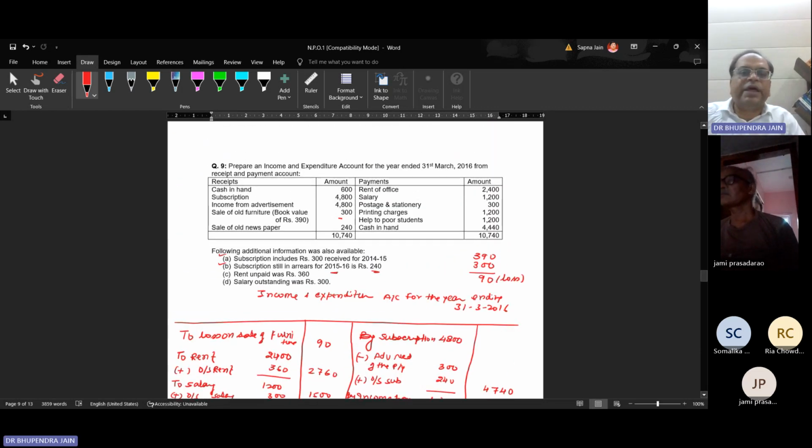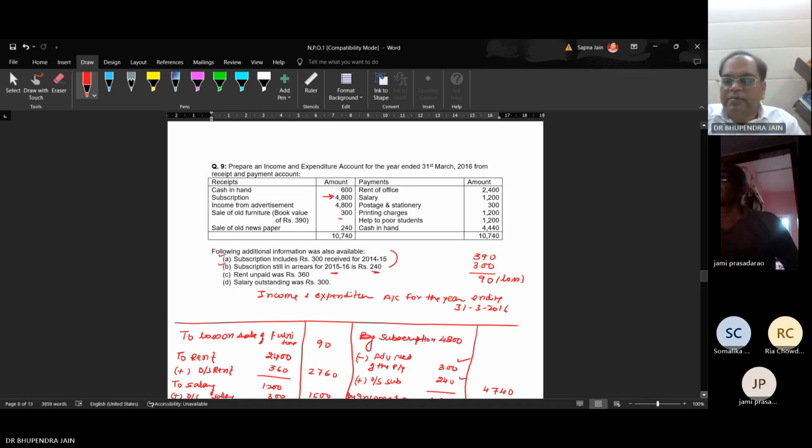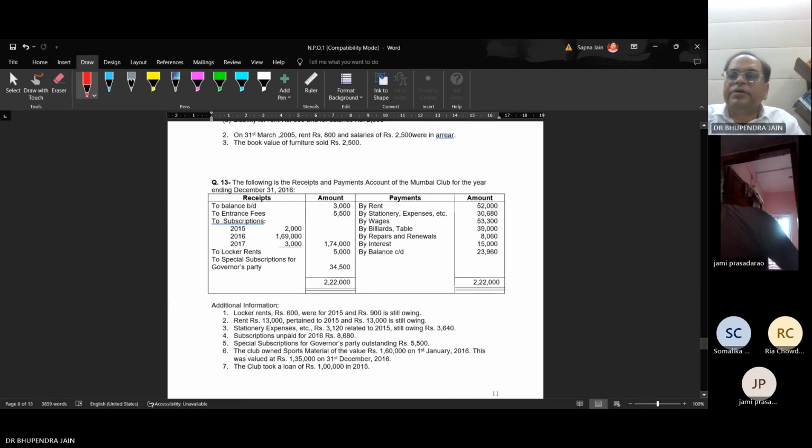In question number 9, total subscription received 4,800. And this subscription includes 300 for the financial year 14-15 and 250 is still due. तो बेटा हमने क्या किया था, हमने पिछले वाले को माइनस कर दिया और अभी जो आएगा उसको ऐड कर दिया. Clear? But in 3 questions with the separate format, separate treatment of subscription is given in each of the questions.